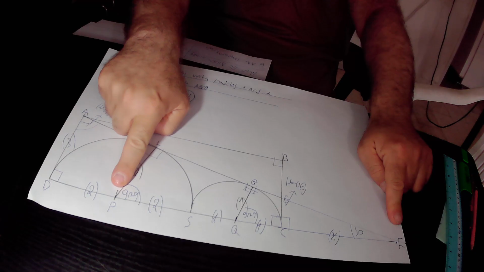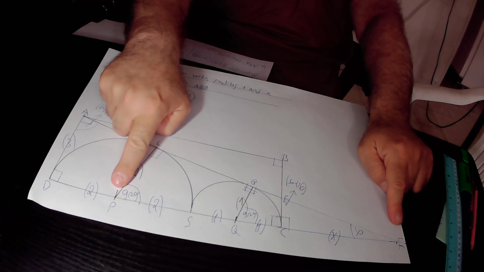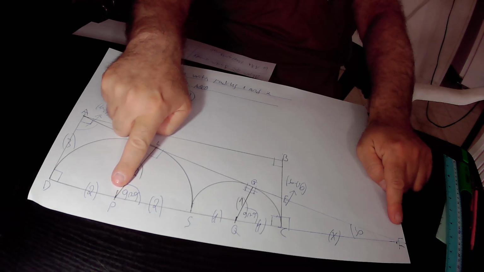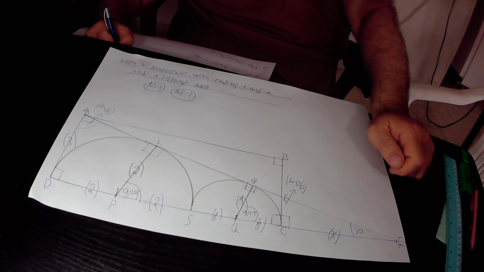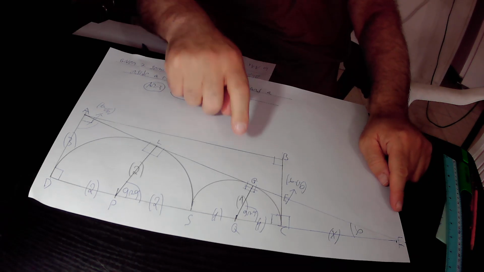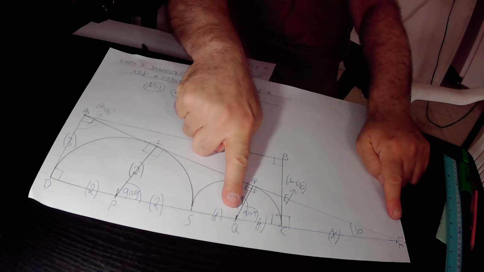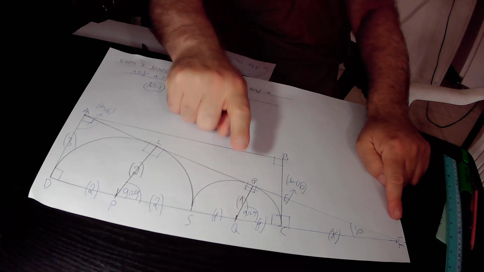PF in total equals 2 plus 1 plus 1 that is 4 plus x. So PF in total equals 4 plus x, over QF. QF in total equals 1 plus x.